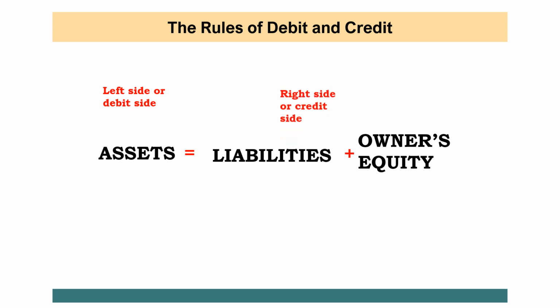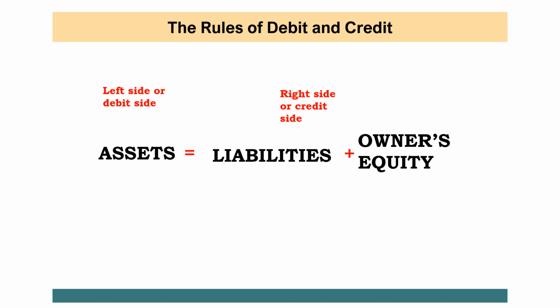And liabilities and owner's equity are found on the right side, and we call that the credit side. If the assets are found on the debit side, that means assets' normal balance is a debit. And for liabilities and owner's equity, since they are found on the credit side, their normal balances are credit.